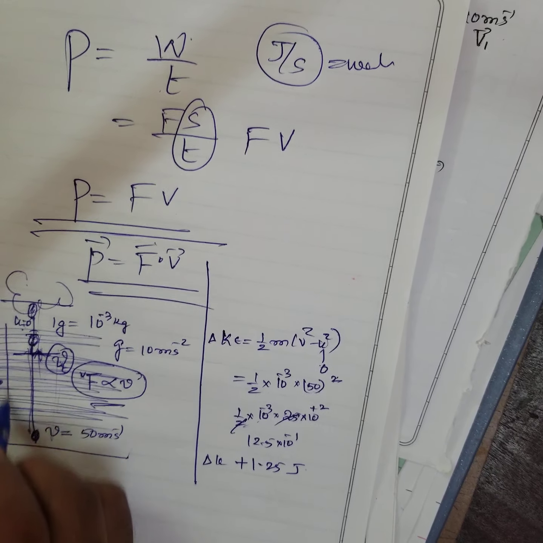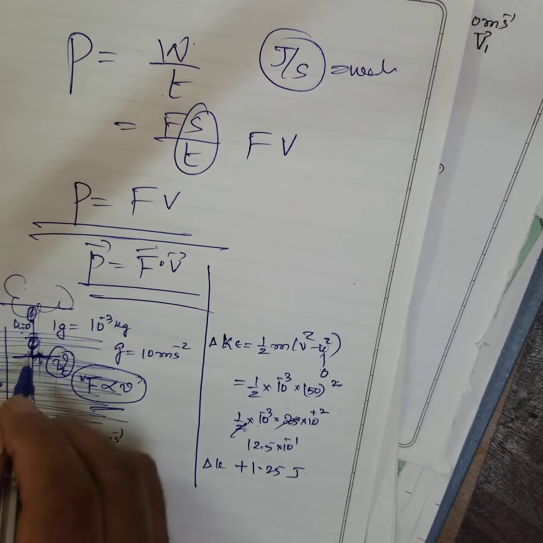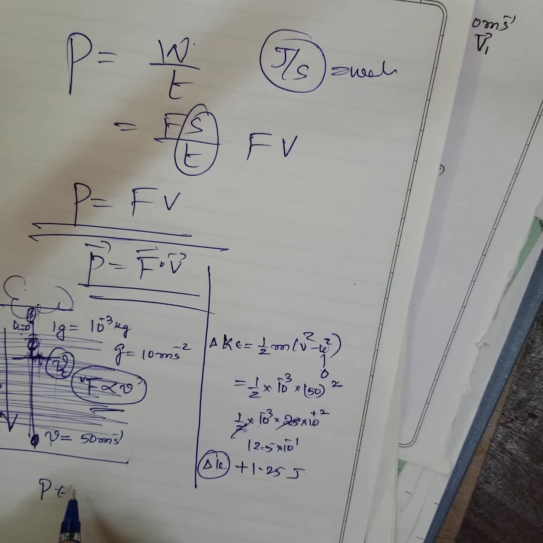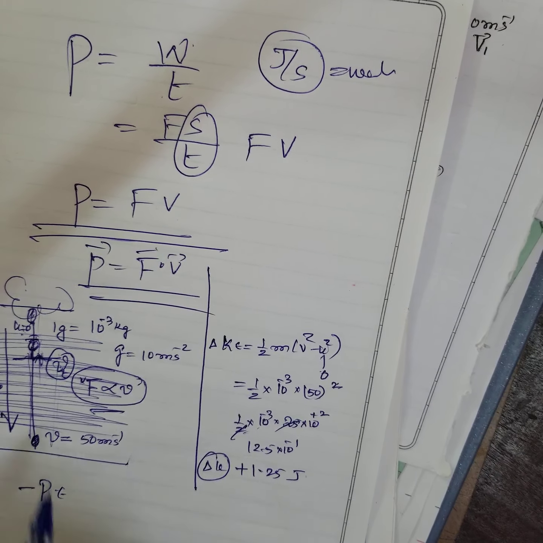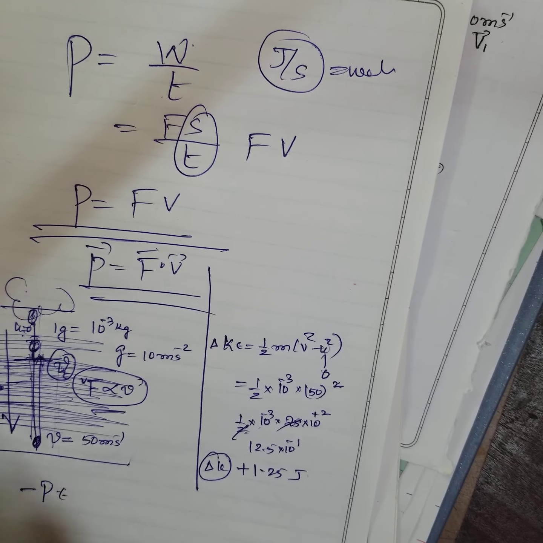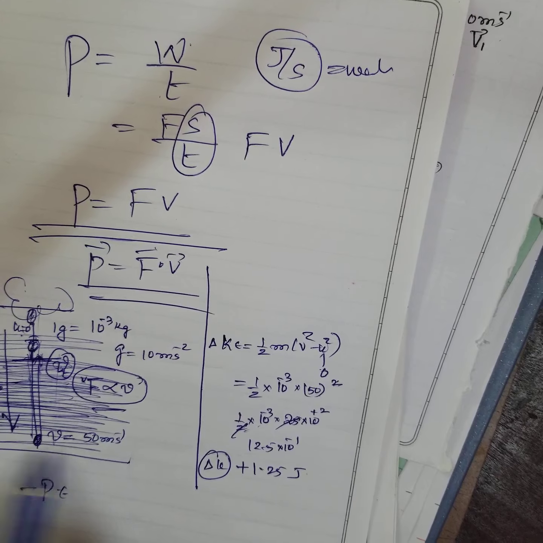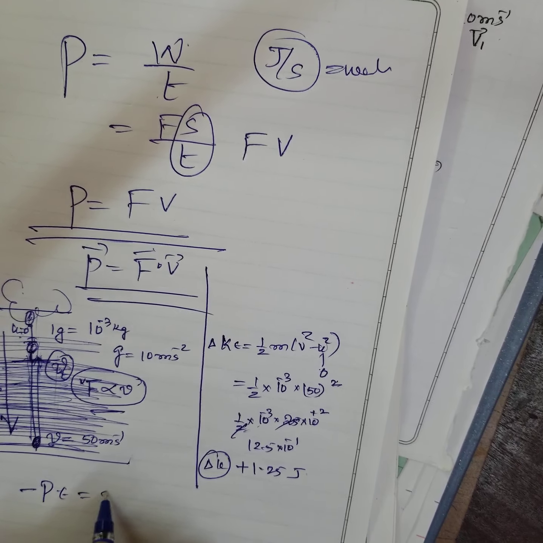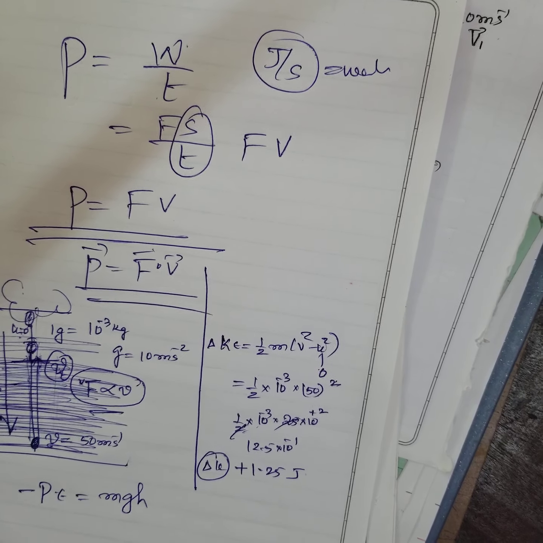But because it is coming under an attractive force, what is the potential energy? This is the kinetic energy. What is the potential energy? It is negative, because work is done against the resistive force. What is the resistive force? Because of air resistance, right? Work done against the buoyant force is mgh.